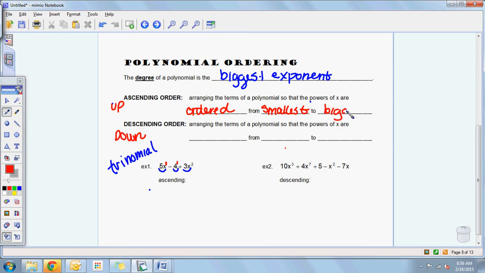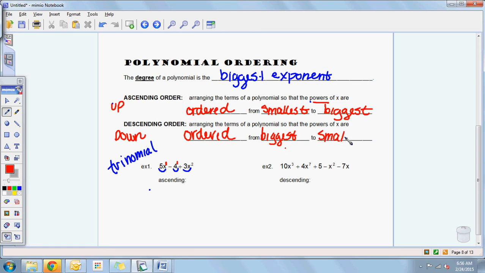That's if it's ascending. If I ask you to put them in ascending order, you're going to put the smallest term first based on the exponents or the powers, and then you're going to put the biggest one last, okay? And then if you put it in descending order, you're going to order them from the opposite, biggest to smallest.